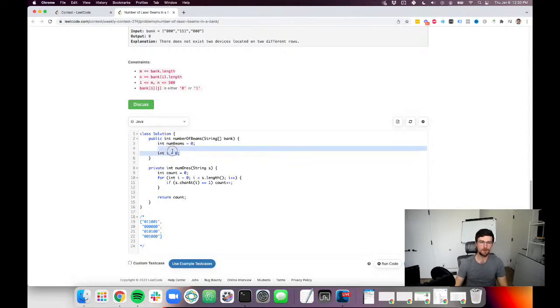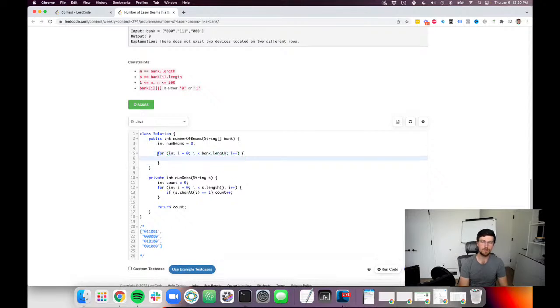Let's do a for loop. We'll say for i equals 0, i is less than bank.length, i plus plus.